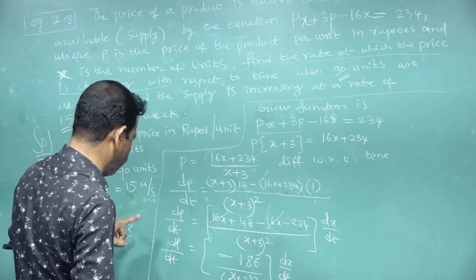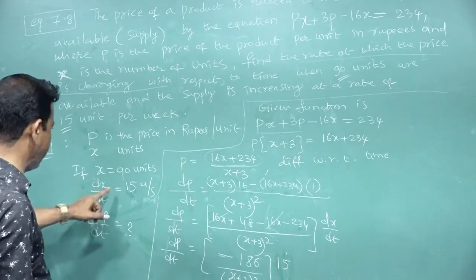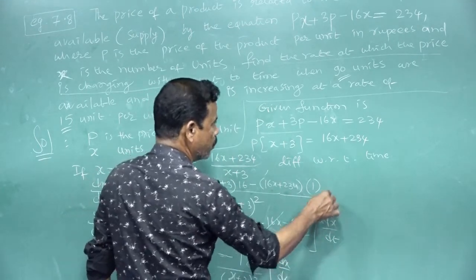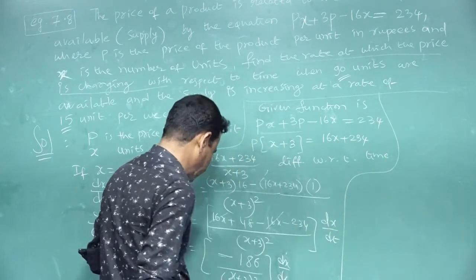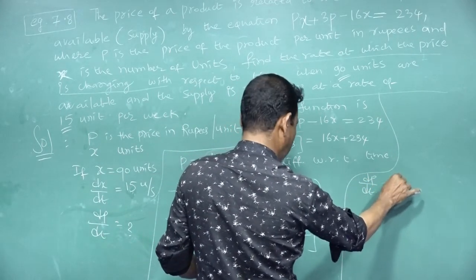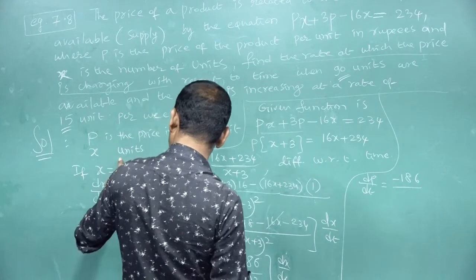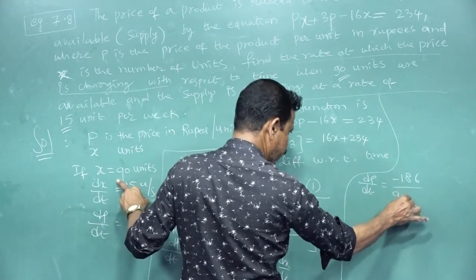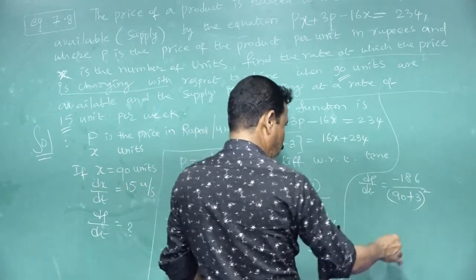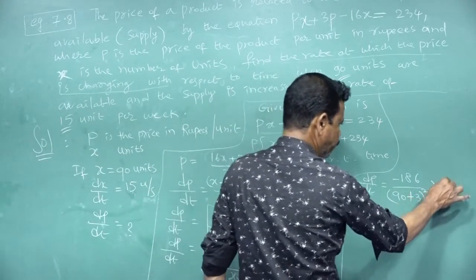Here dx by dt is 15, and the x value is 90, given. Again we write dx by dt and substitute the values. dp by dt is equal to minus 186 by (90 plus 3) whole square, multiplied by dx by dt, which is 15 units per second.